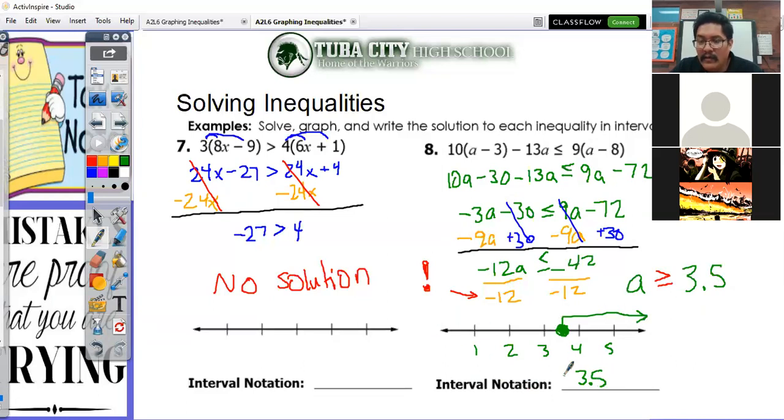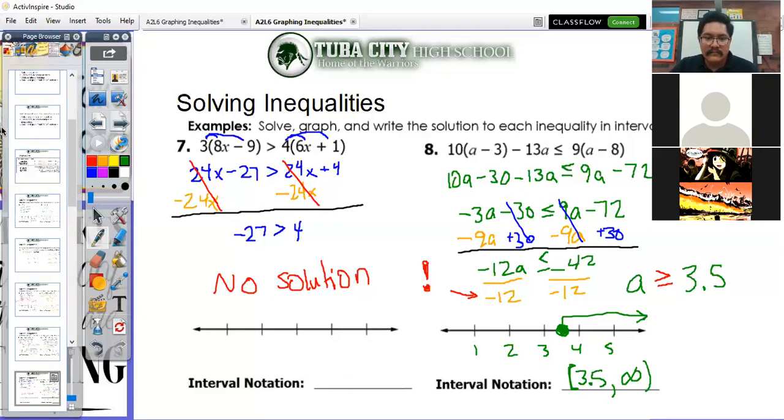And now we get to 3.5, which in this case, we're going to use a bracket because it is included. It has the or equal to. And this goes to positive infinity. All right, looks fine to me.